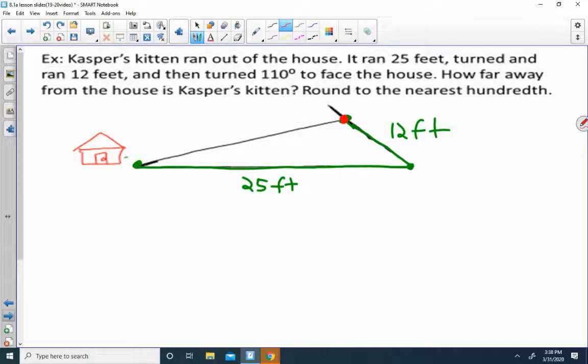The cat is not going to move. It's not going to run left, right, up, or down. But it's going to basically turn its head 110 degrees so that its head is now facing the house. That's basically what the problem is saying, is that the cat's not going to move, but it's just going to turn its head 110 degrees so that it's no longer facing this way, but it's facing this way. So, given that information, we want to know how far from the house is Casper's kitten. Round to the nearest 100.